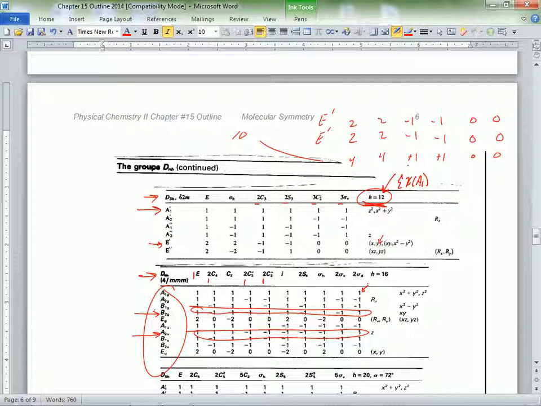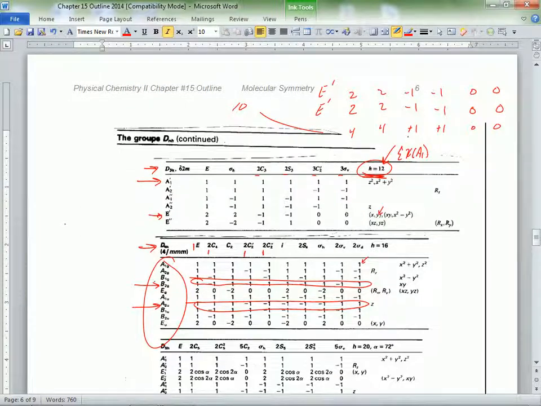The first thing you have to do is find out which point group a regular pentagon comes into, going through that table. We've had practice on that. I'll give you the answer, and you can prove it to yourself, but it'll be D5h.